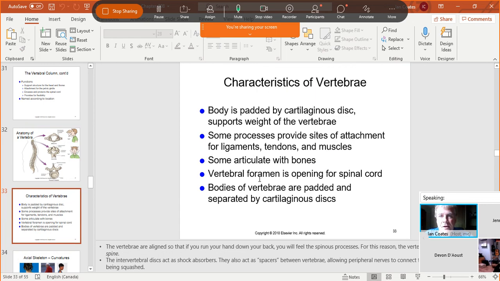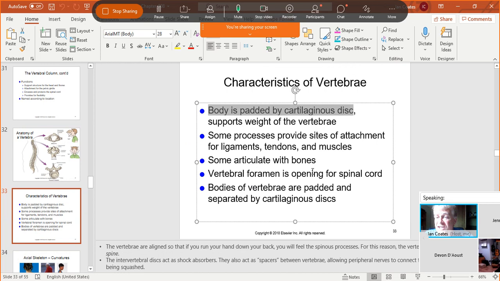What do we got here? Characteristics of the vertebrae. There are your cartilaginous discs in between. Some processes provide sites of attachment for ligaments, tendons, and muscles, of course. Some of them articulate with other bones, like the thoracic vertebrae, which articulate with the ribs.